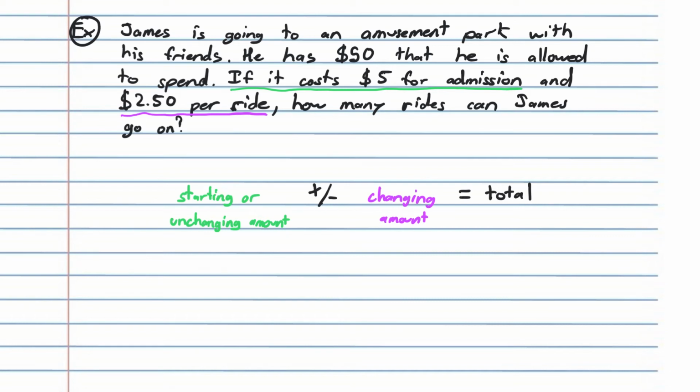I would recommend always starting off with the total amount. So let's put our equal sign in there. In this question, the amount he has total is $50 he's allowed to spend. I'm going to grab a highlighter. That's this piece right here. He has $50. That's what he's allowed to go with. He can't go beyond that.